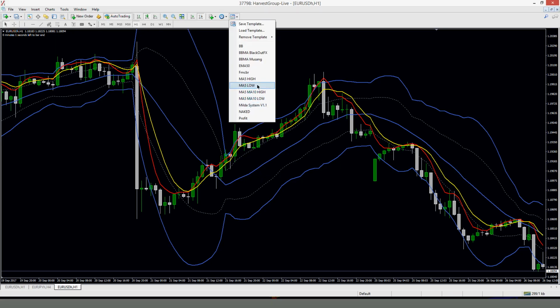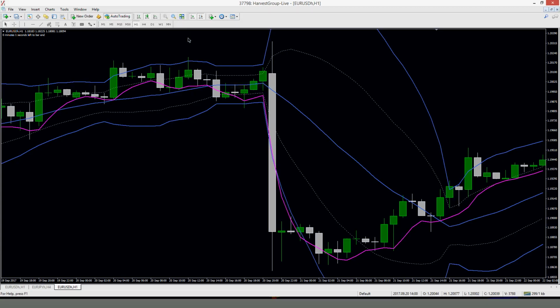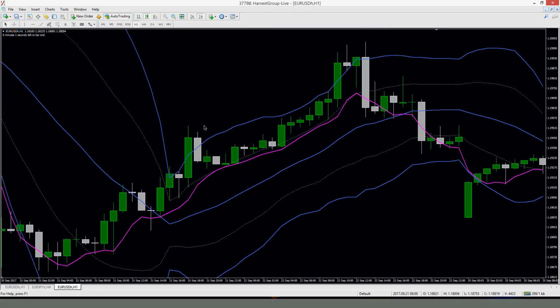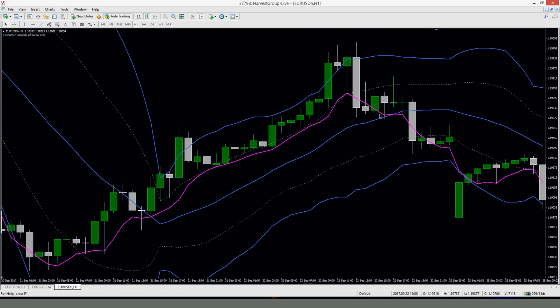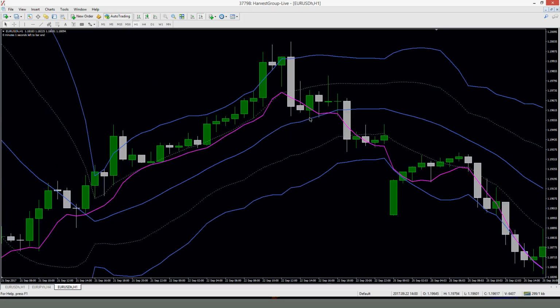Okay, so let's talk about MA5 low. MA5 low is exactly the same as MA5 high. It's obviously early detection for extreme buy, and also a point of entry for buy. Every time the candle rejects the MA5 low, then it is a point of entry buy.